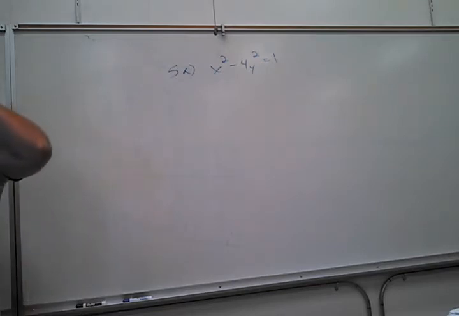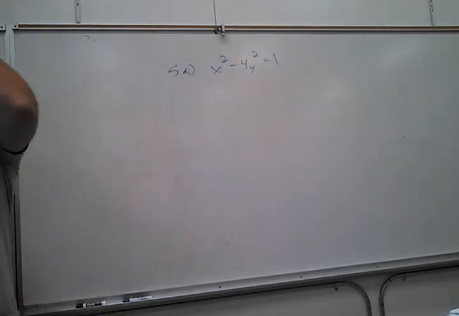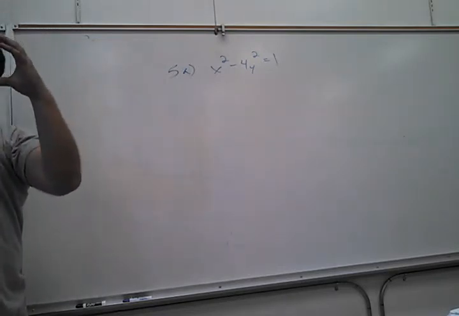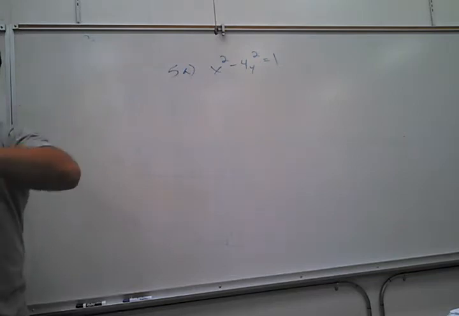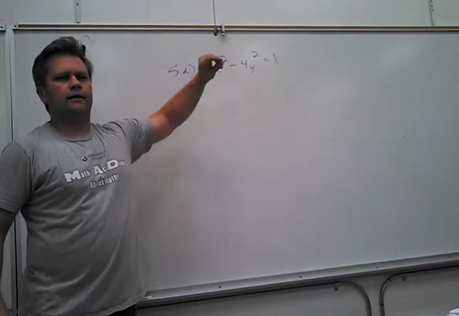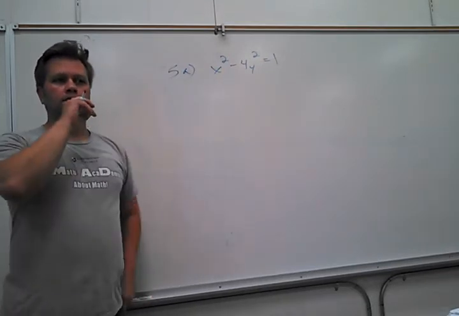It's a hyperbola. How do I know it's a hyperbola? There's a minus. Cool. The ellipse has a plus. An ellipse is like a circle, but with different coefficients, so it's differently shaped in one direction or the other. A hyperbola has that minus in there, and different coefficients too.